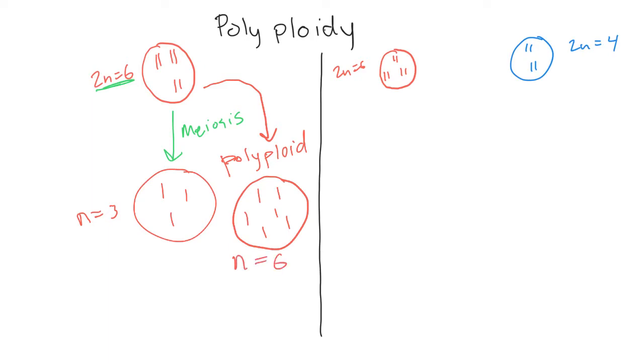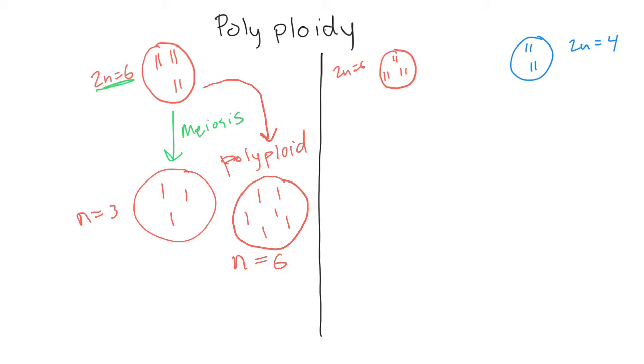Then you can create a haploid gamete which has 6 chromosomes, right? It's supposed to have half, but now it has 6. That means the other one is empty.